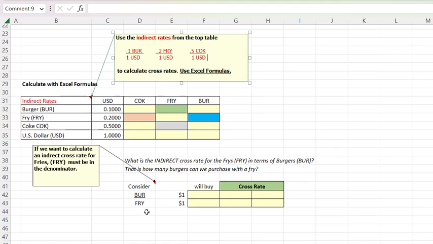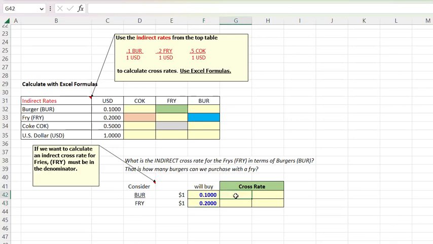So let's begin. We want to figure out what's our cross rate for fries in terms of burgers? Since we're looking for an indirect rate, we'll put fries in the denominator. And we know that $1 will purchase 0.2 fries, 2/10 of a fry. We also know that $1 will purchase 1/10 of a burger.